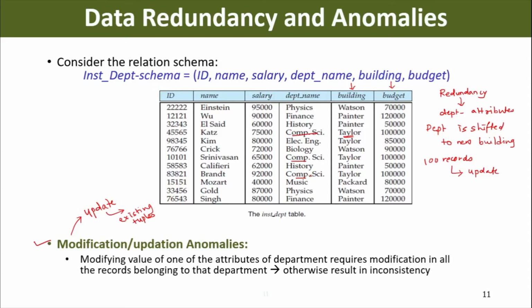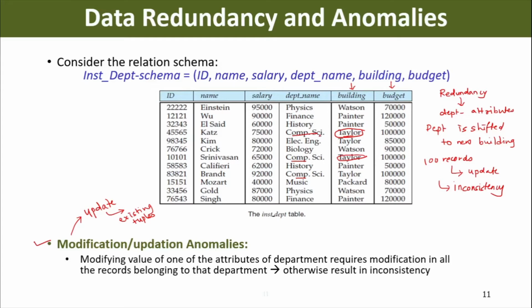If I forget to do this, what will happen? We will have inconsistency in the data. So if I changed the value of the building for one record, and if I am not changing the value of the building for another record, then obviously what will happen?